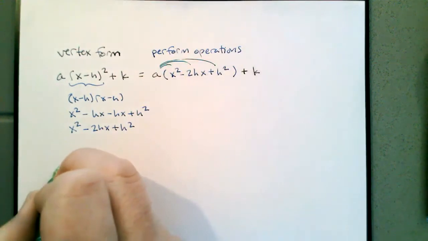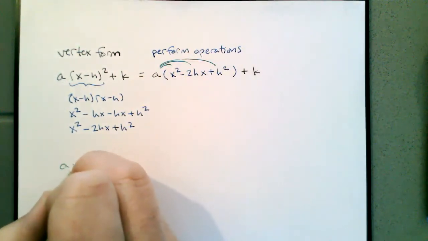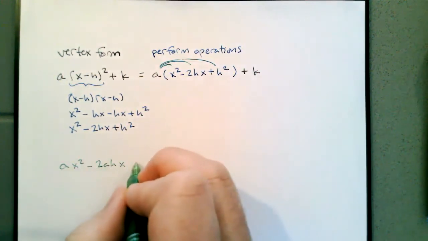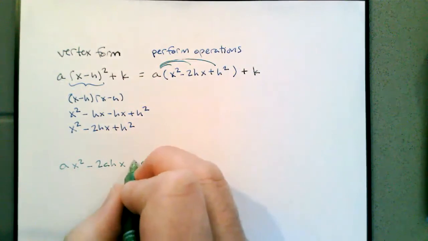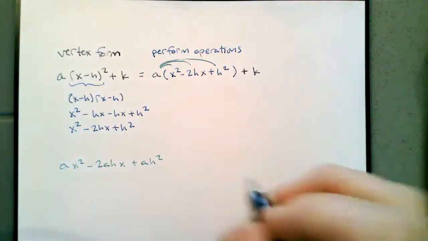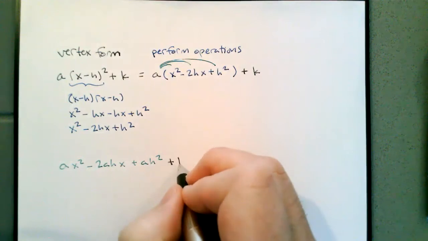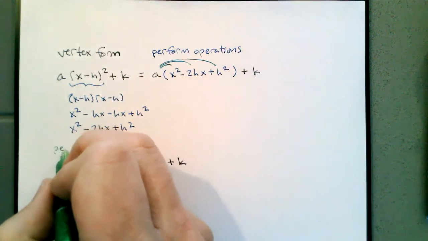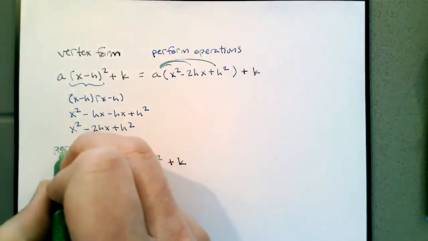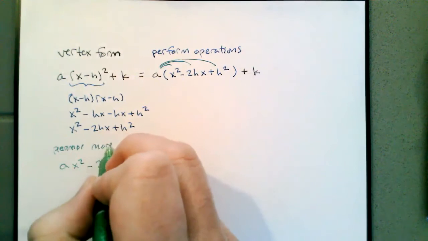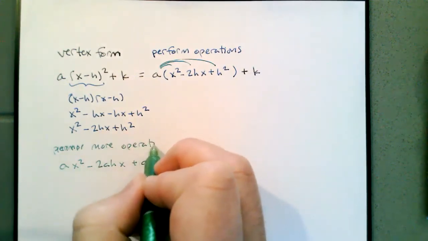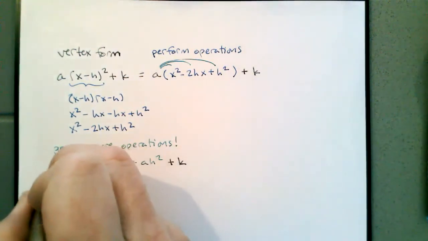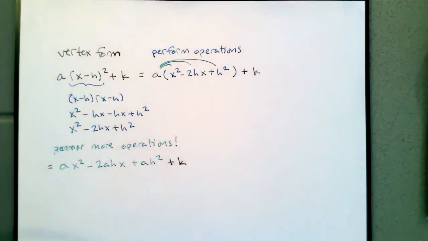We end up with ax squared minus 2ah times x plus ah squared plus k. So first I did the exponents, and now I'll take care of the multiplication because that's the order that we should do those things.